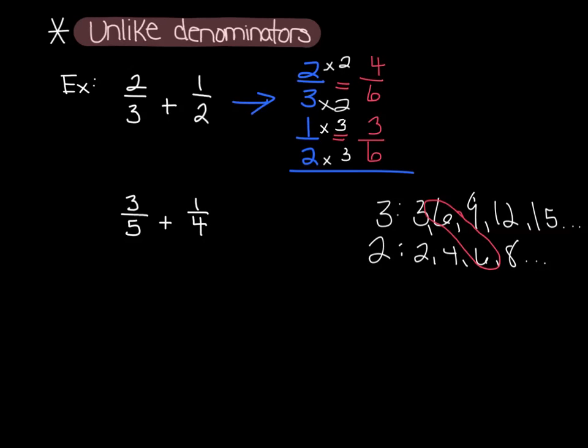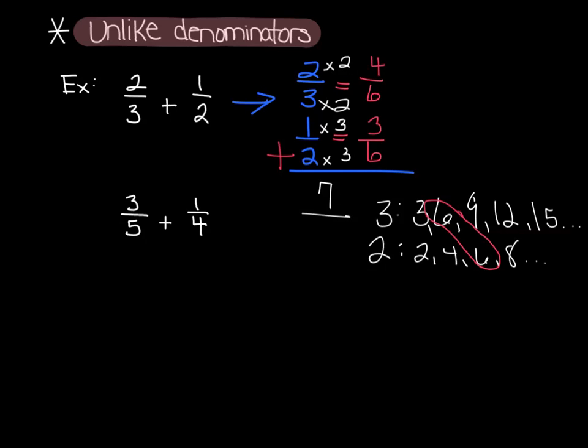Now that that's done, we can finish off the problem. Let's add both numerators. 4 plus 3 gives us 7. And then finally, we have 6 and 6.